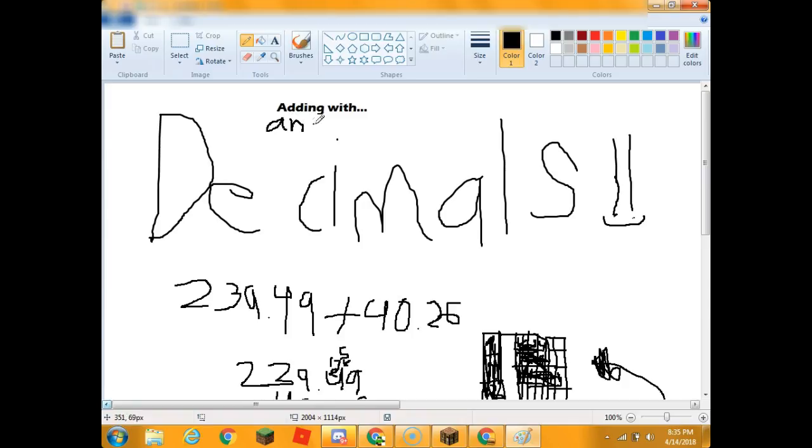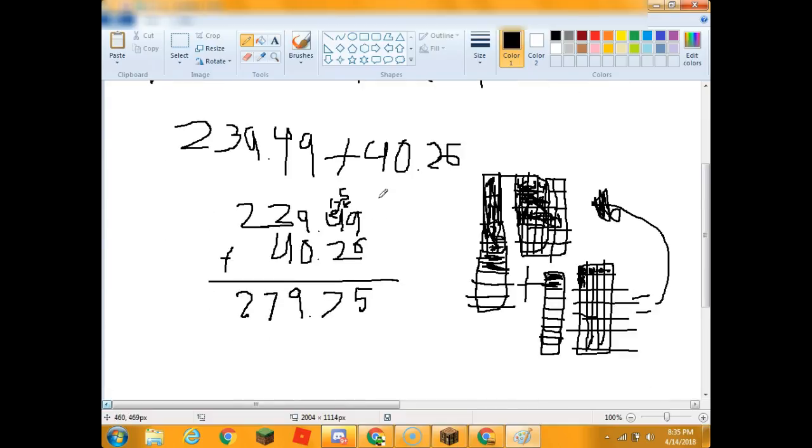But then there's subtracting. And you can do this strategy with pretty much almost any number. It's the same thing as whole numbers.